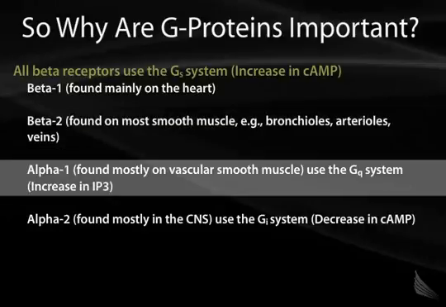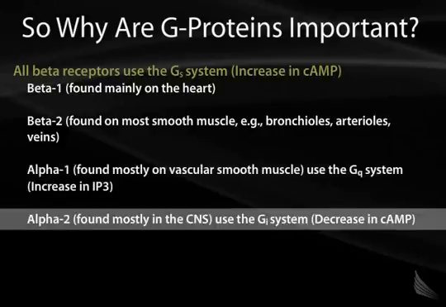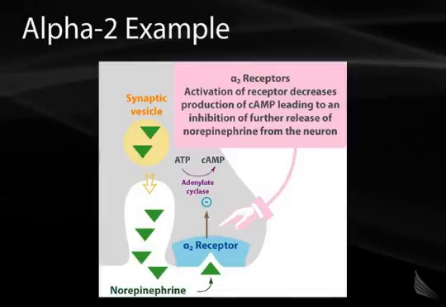Alpha-1 receptors, found mostly in vascular smooth muscle, will drive the G sub Q system, which, as we've learned previously, will activate the production of IP3. Alpha-2 receptors, found primarily in the CNS, will use the G sub I system, which will decrease cyclic AMP production. An example of that is shown in the next slide.